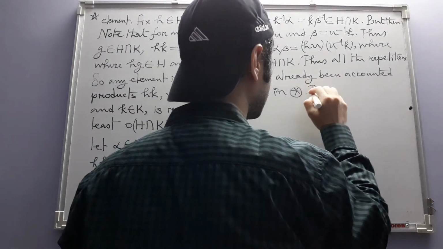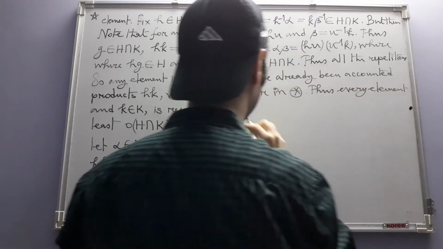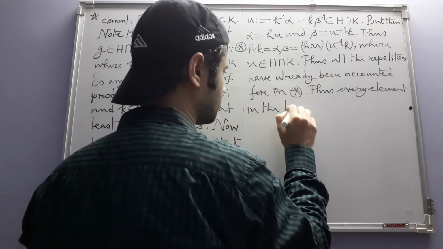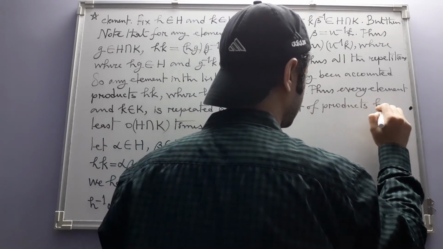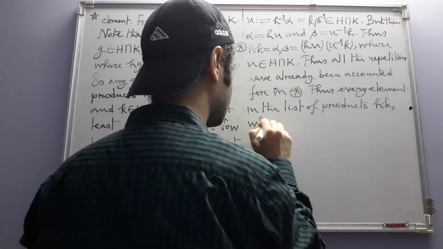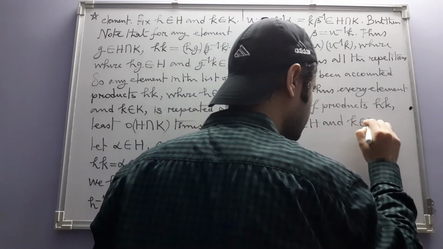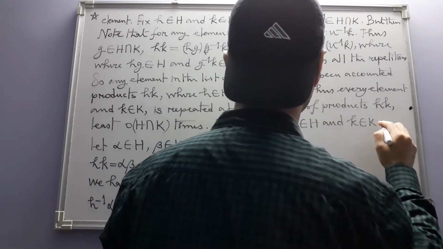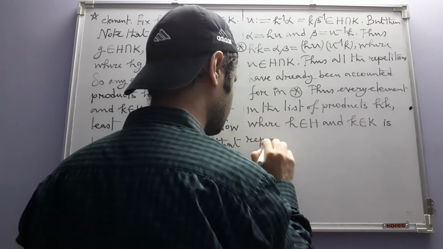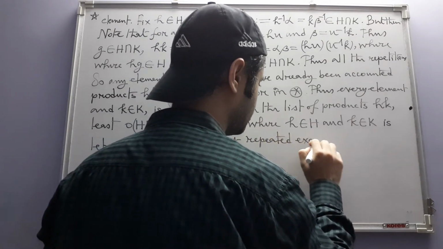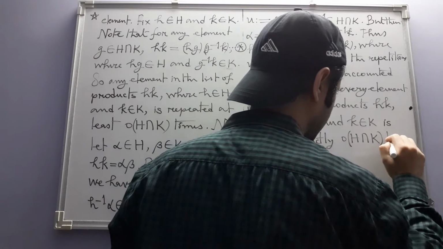Thus every element in the list of products hk, where h belongs to H and k belongs to K, is repeated exactly this many times.